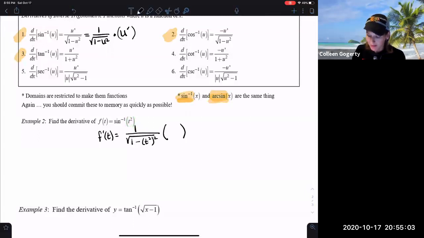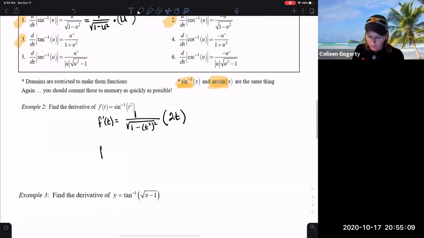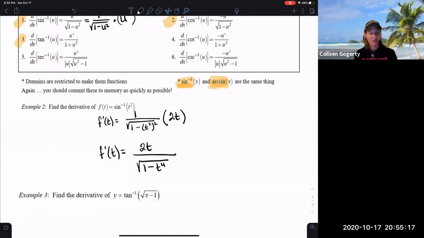So that would be a 2t, right? The derivative of t squared, 2t. So my final answer on this would be 2t divided by the square root of 1 minus t to the 4th. Done. Okay. So check, we got it.